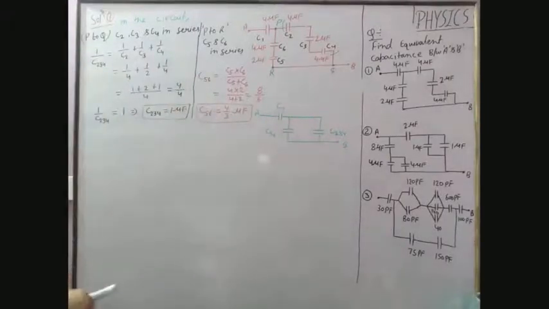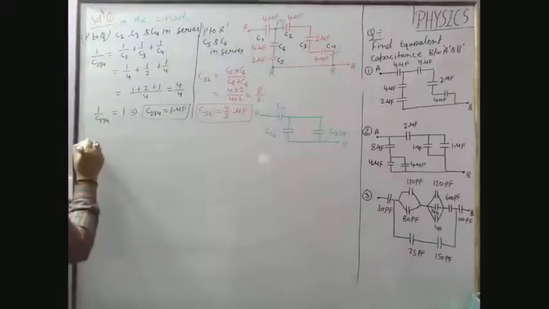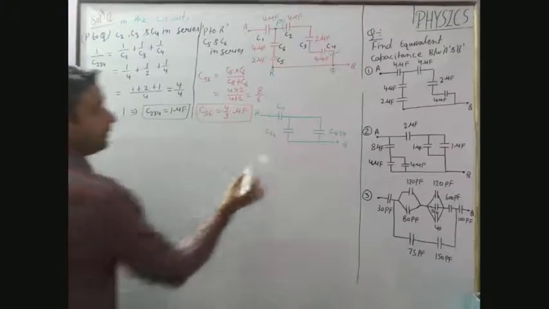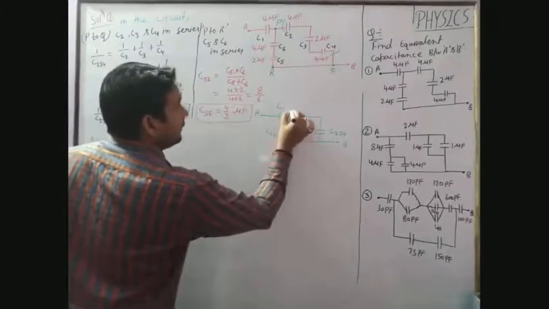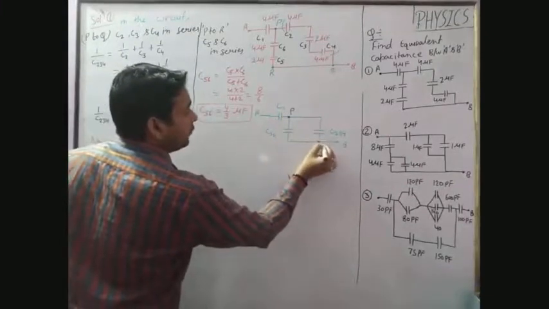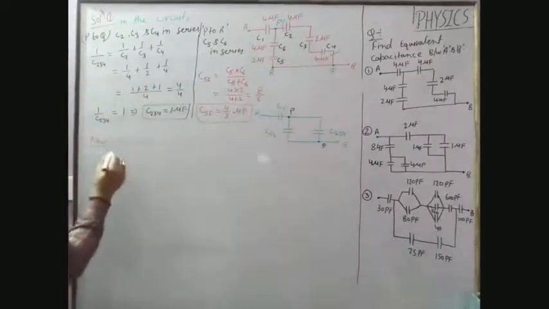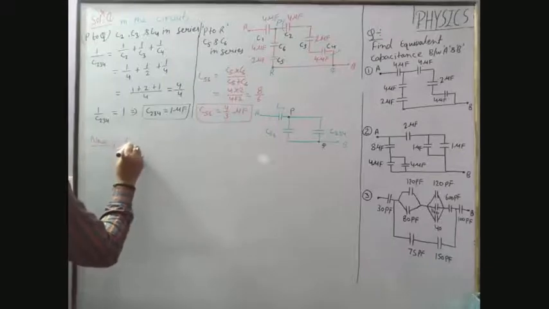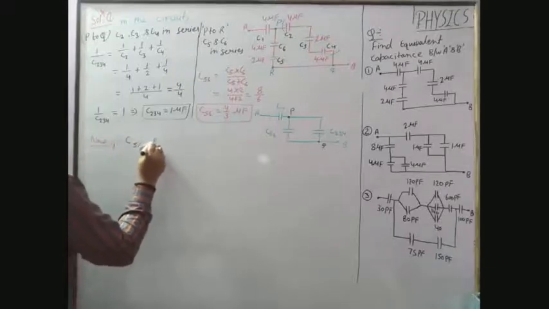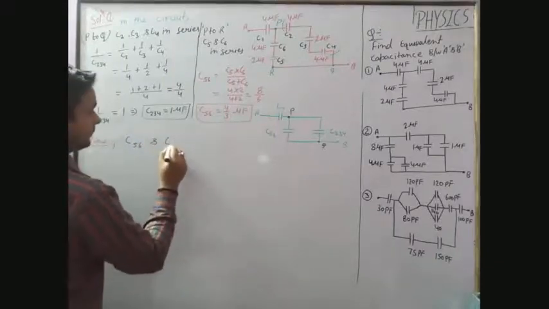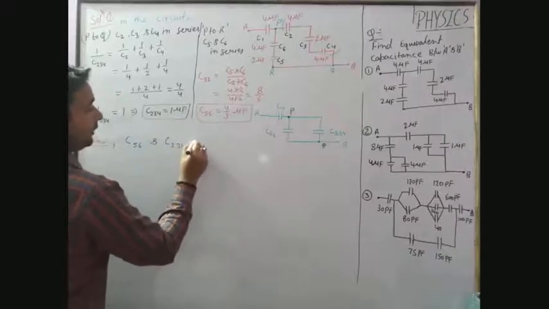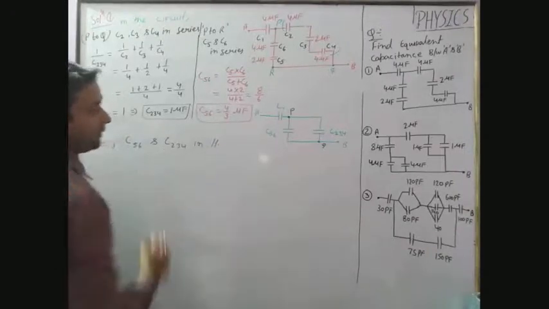Okay, now we can easily find that in between point P to Q in the circuit, C56 and C234 are in parallel combination.